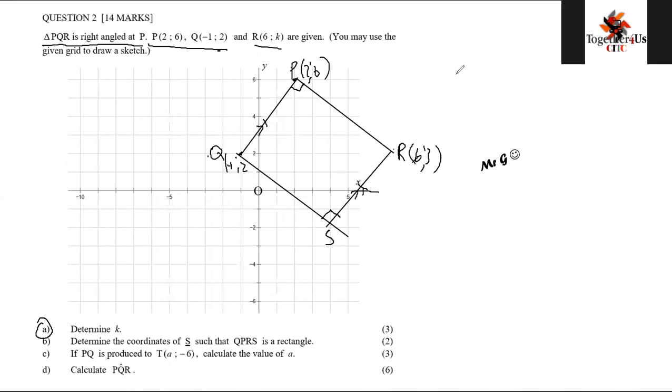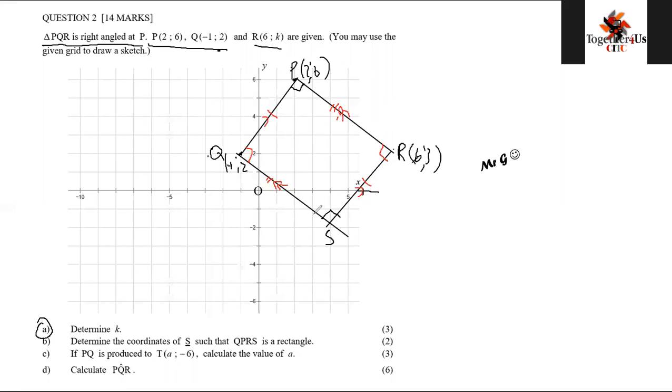Maybe I should mark this in red so that it can be clear in your vision. So we know that the opposite sides are equal but also parallel, and this is the same thing here, right? And we know also all angles are right angles. So there's quite a lot of information that you can actually use.